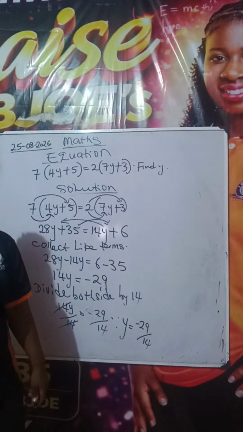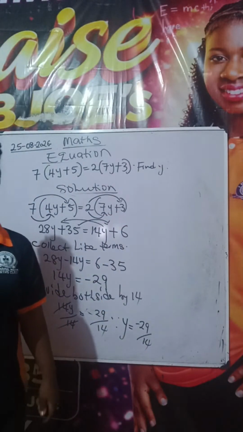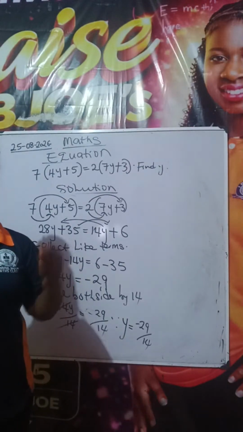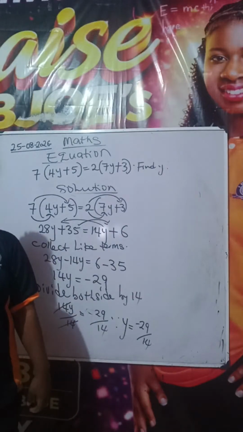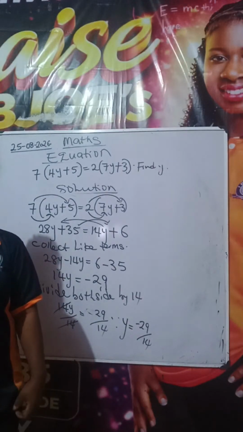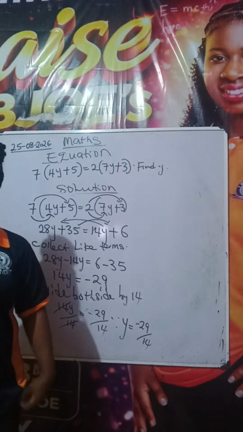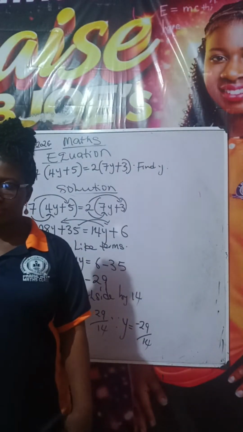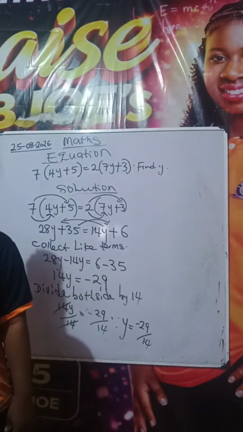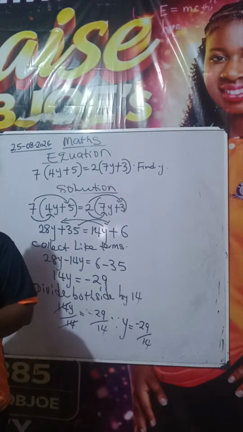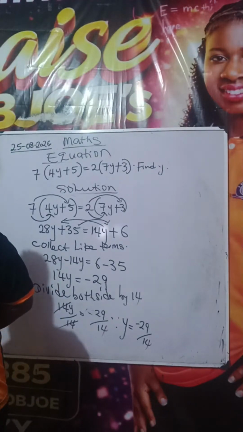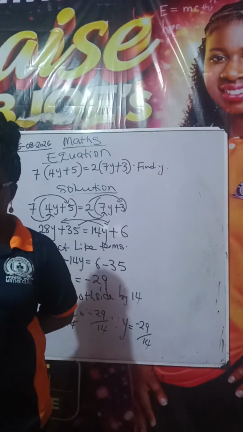Did you understand it? Now can we simplify 29 and 14? Can they divide without a remainder? Is it possible? It can't divide. If you said yes, what can divide it?